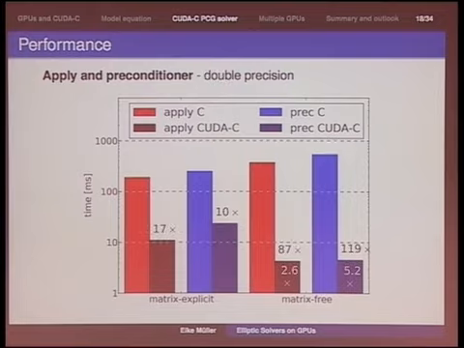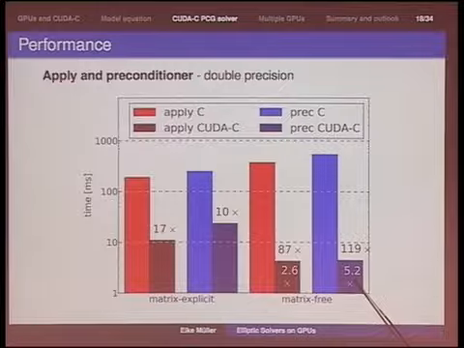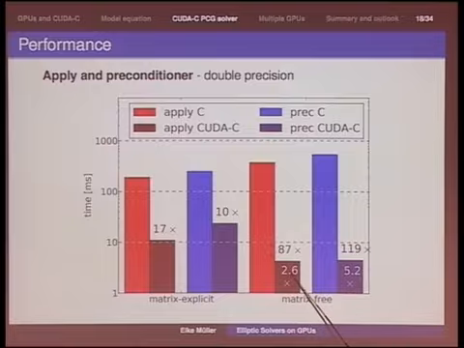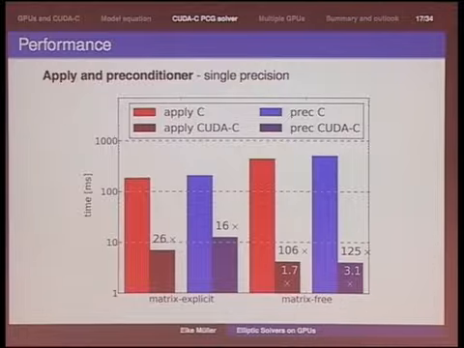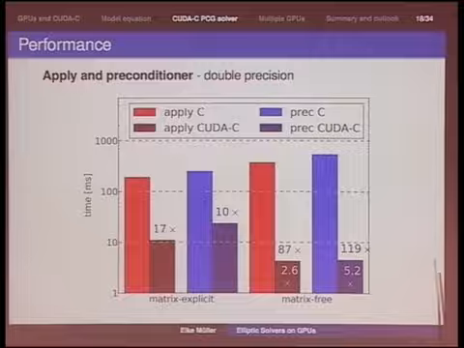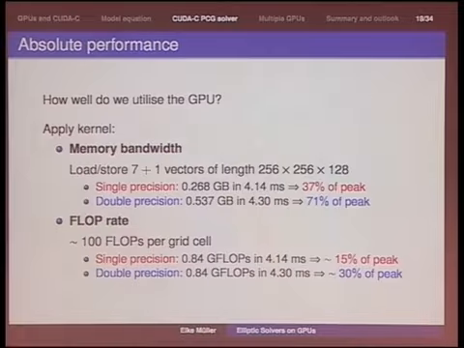These are the double precision numbers, where the preconditioner is even faster than the matrix explicit one, and the apply function also.